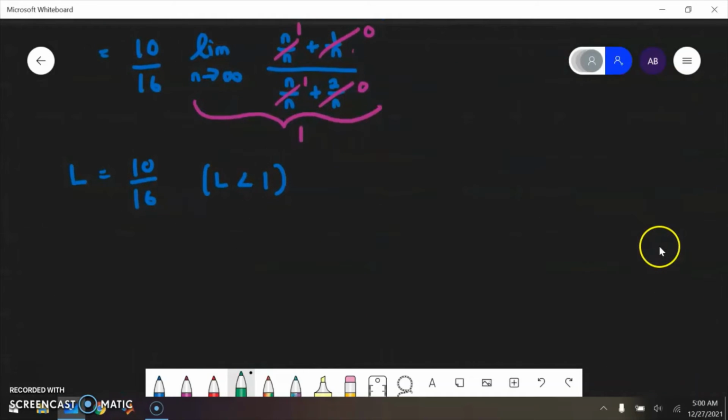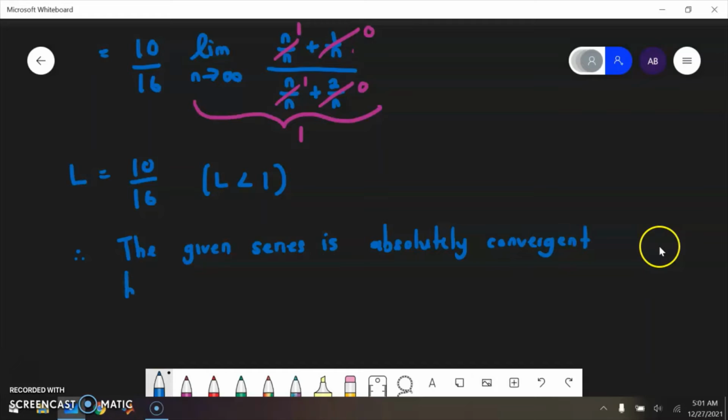Okay, so our summary here: the given series is absolutely convergent. Hence, it will converge.